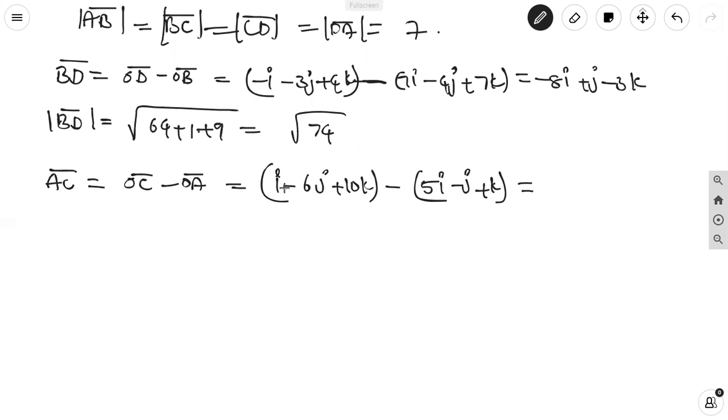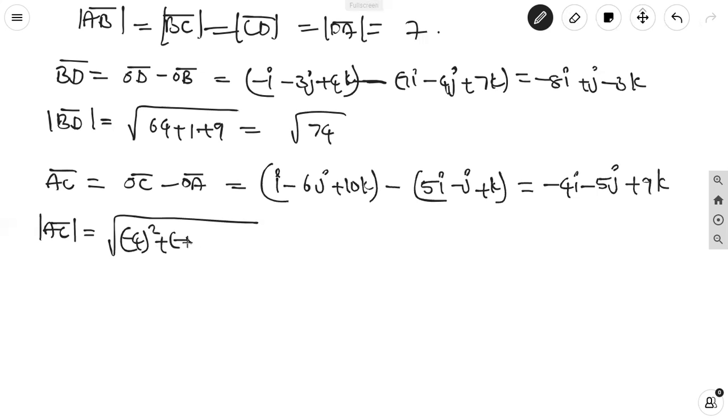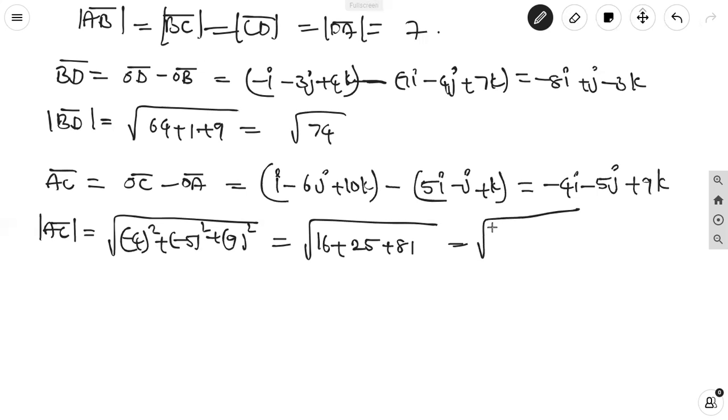Subtracting one from the other, 1 minus 5 is minus 4i, minus 6 minus (minus 1), that is minus 5j, plus 10 minus 1, that is 9k. Finding the modulus of AC, it is equal to the square root of minus 4 whole squared plus minus 5 whole squared plus 9 squared. It is equal to the square root of 16 plus 25 plus 81, which is root 122.